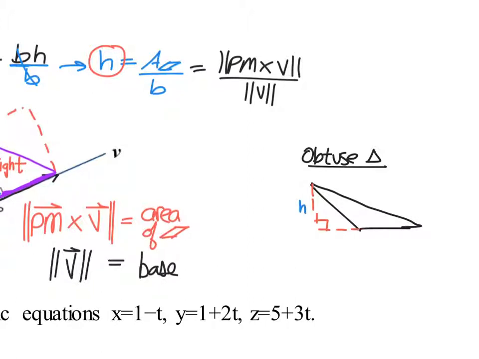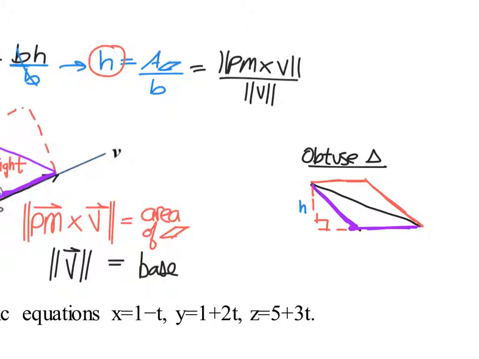So all I would have to do is at least visualize what the entire triangle would look like, find the cross product between the two vectors that make up the legs, and then divide by the magnitude of the vector that represents the base. And that would give me the height of the triangle.